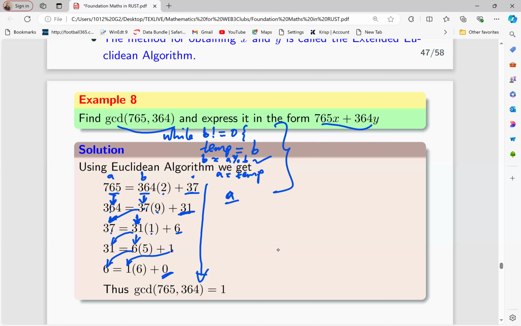Okay, so our GCD is this. Yes, our GCD is that.